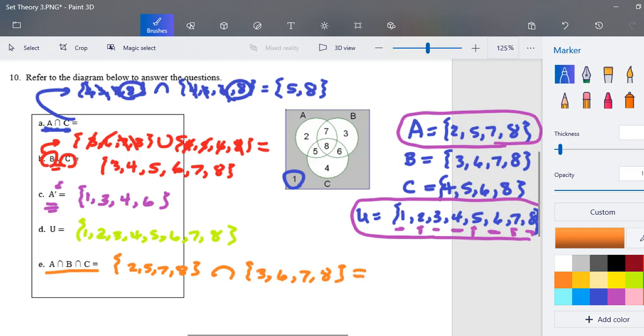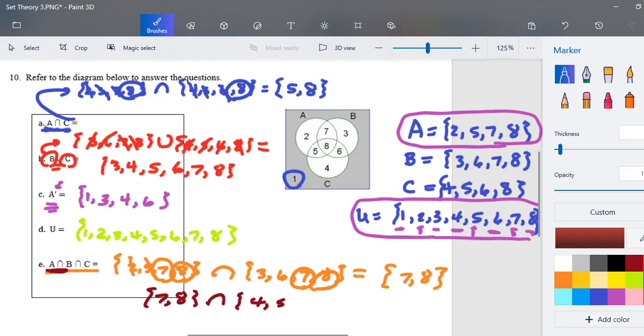The intersection between sets A and B: they both don't have a 2, they both don't have a 5, they both have a 7, and they both have an 8. So the first intersection, they have a 7 and an 8. Now I'm going to take those 2 parts, my 7 and my 8, which came from A intersect B, and intersect that with whatever's in C, which is 4, 5, 6, and 8.